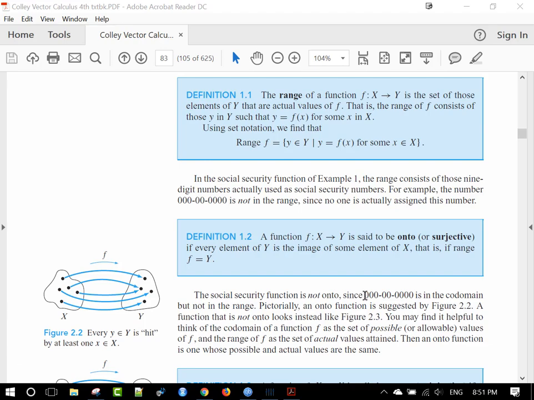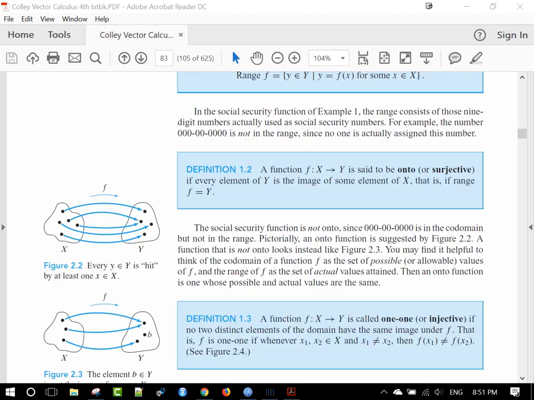So nobody, I guess, has this number. Then we have a concept called one-to-one, or injective, and that means that this doesn't happen. Here we have this element going to here, and we also have this element going to here. So they're both going to the same Y element, and that's not one-to-one, or not injective.